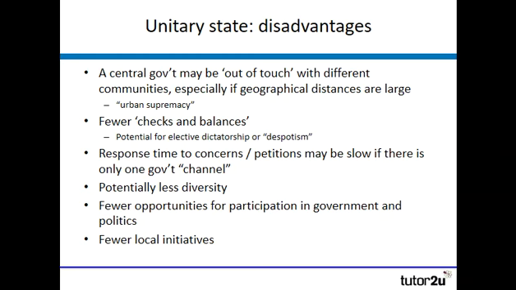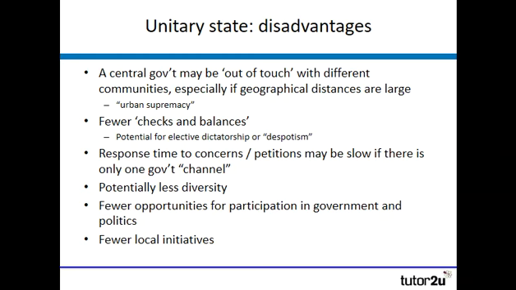Lower levels of government may find it much harder to hold central government to account because of the risk of losing their status or perhaps losing their funding. In terms of individuals, the response time to concerns or even petitions may be quite slow if there is only one government channel.